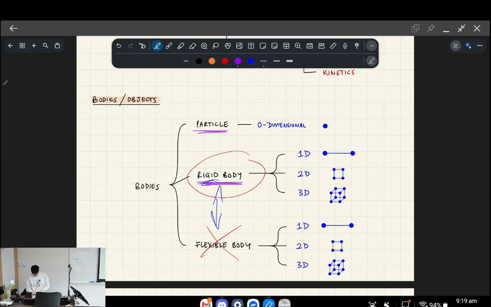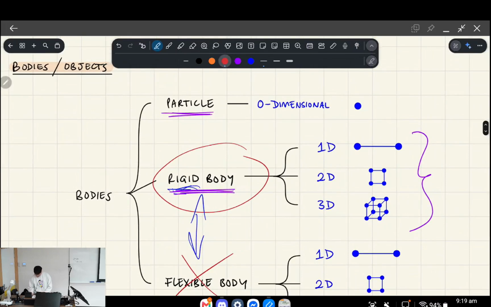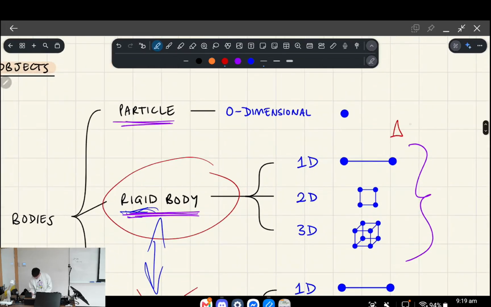Okay, so in terms of the dimensions, you can think of rigid bodies in terms of 1D, 2D, or 3D. I'll give you an example of some ways you can treat these. When we talk about beams like we will today, this is actually a 1-dimensional rigid body, at least the way that we deal with it in terms of static analysis.